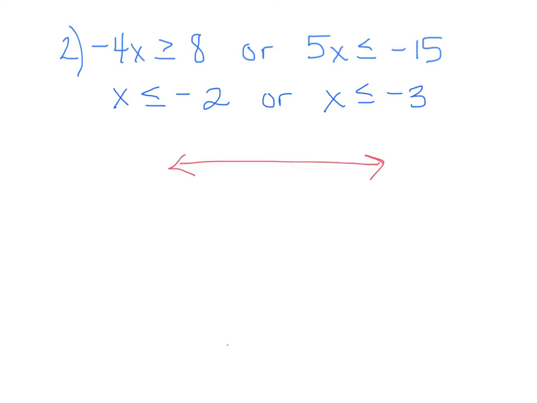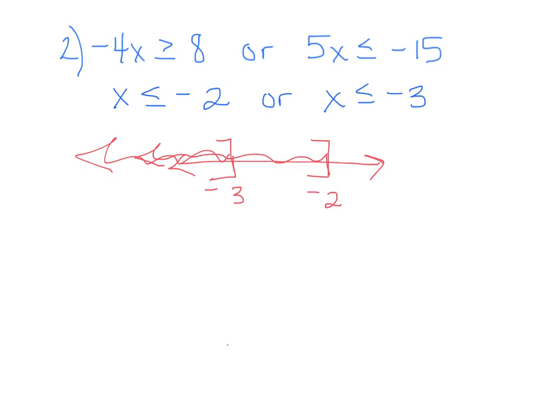Now, as we graph this and prepare to write it in interval notation, remember we want the smaller number to go to the left and the bigger number to go to the right. Negative 3 is less than negative 2, so it'll go to the left. This reads x is less than or equal to negative 2. This second graph over here reads x is less than or equal to negative 3. Now, in this case, they're both going in the same direction.